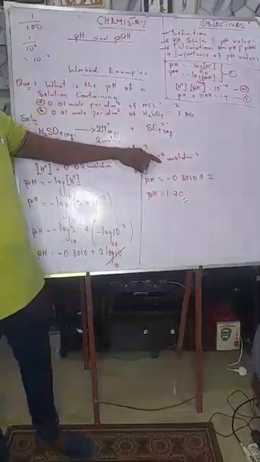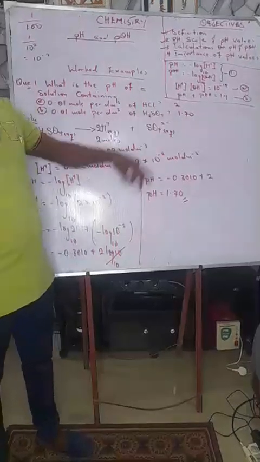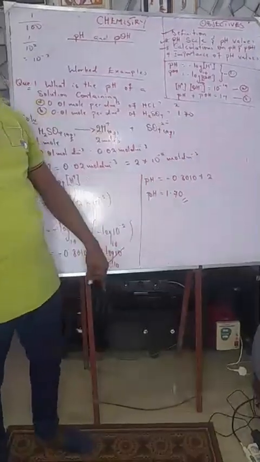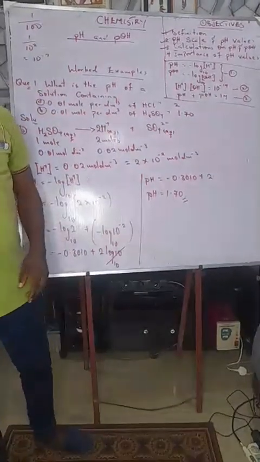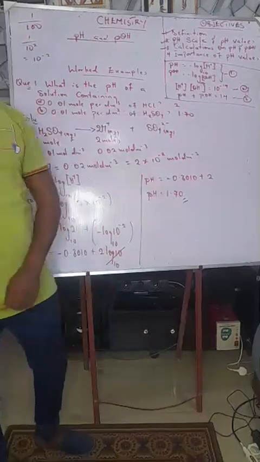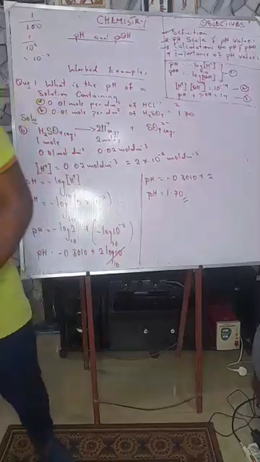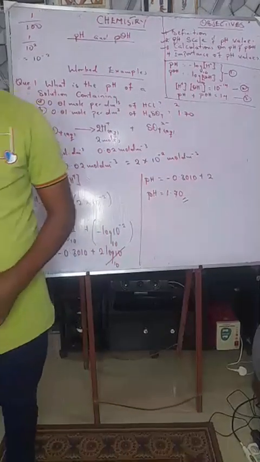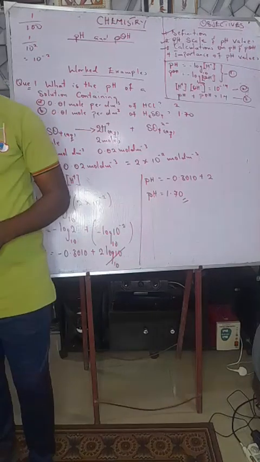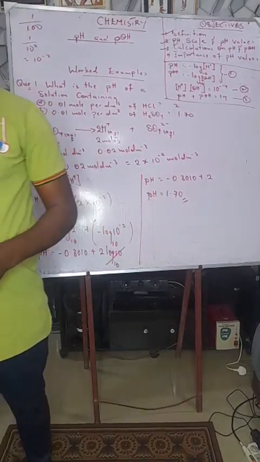Tell me which one is more acidic between 2 and 1.70. She said 1.70 is more acidic, meaning H2SO4 is more acidic than HCl. Thank you very much. You are getting it. I hope others online are also getting it.